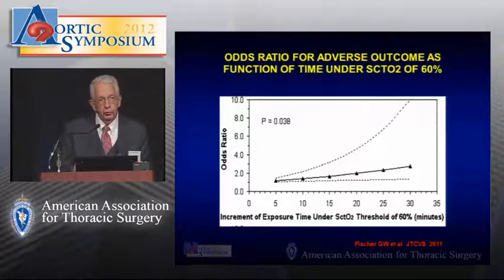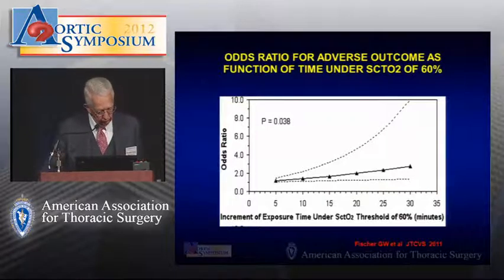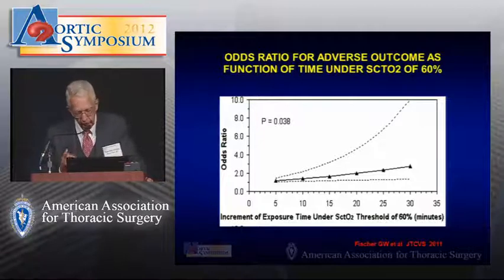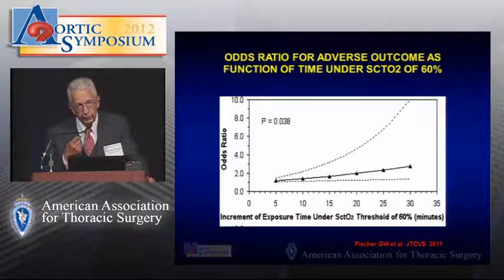When one looks at outcomes from the surgery, starting with those patients whose cerebral saturation was less than 60% for more than 30 minutes, one began to see an increase in the risk of an adverse outcome.